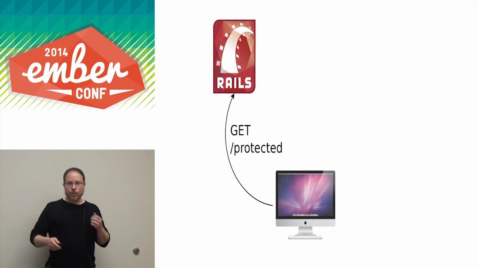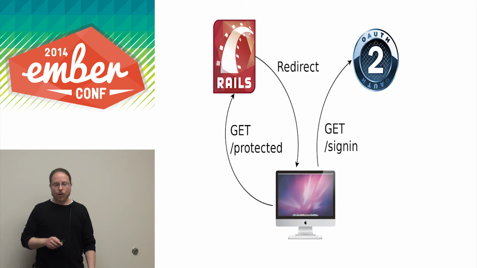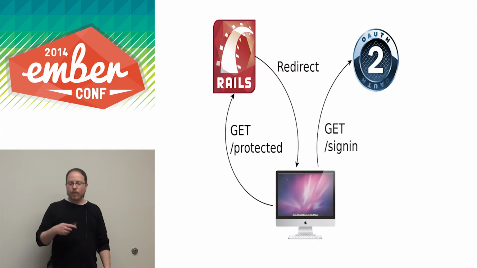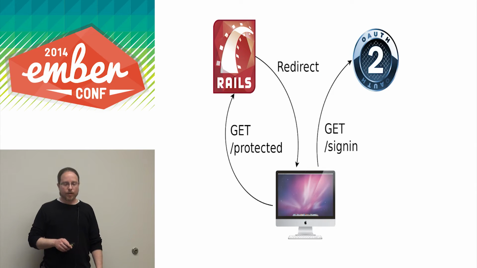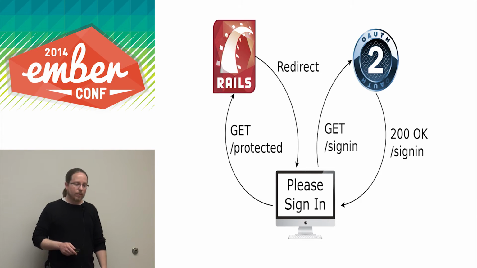So instead of sending them to a please sign in page, what happens is that they get a redirect. The browser does what it's supposed to do, follows the redirect, and you end up at the OAuth provider. The OAuth provider at this point is going to ask you to sign in by sending a sign-in page. This is displayed in the browser. The user can fill out the form, do what they need to do.